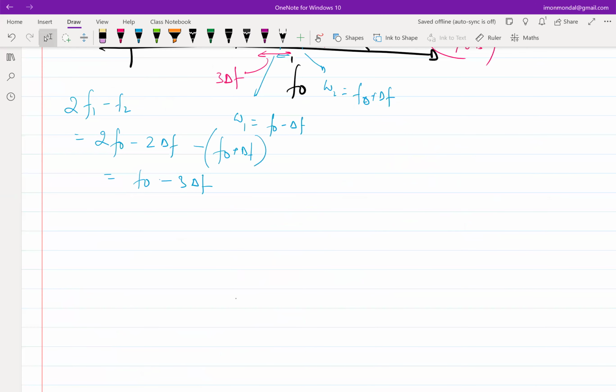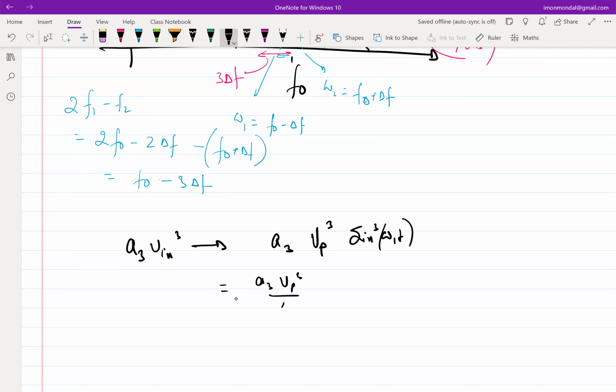So we see that, if I just simply take the first order, the single term, that is, you have A3 Vin cube, which, if I take only one sinusoid, for example, creates A3 Vp cube sine cube omega 1t, which means this gives A3 Vp cube by 4 times (3 sine omega 1t minus sine 3 omega 1t).